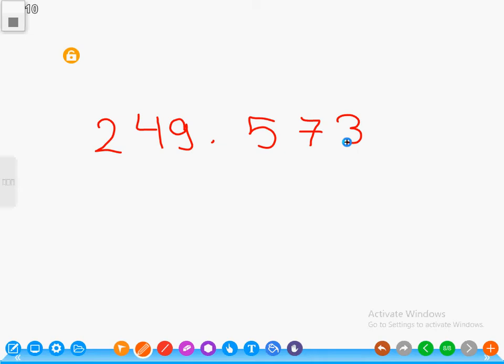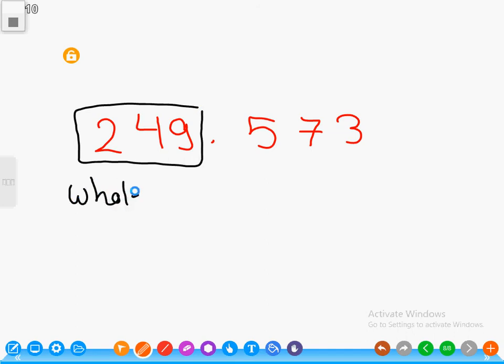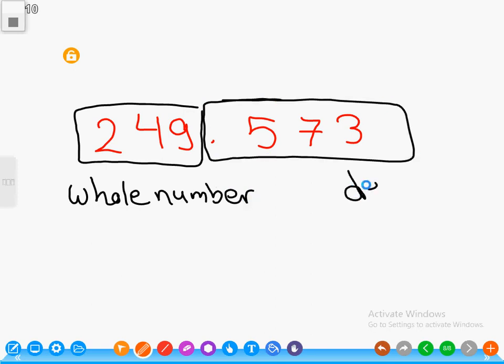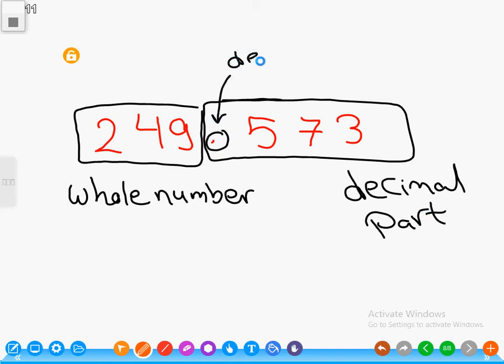A decimal number is formed from a whole number and a decimal part. The decimal point, we call this the decimal point. So now I have a decimal number formed from a decimal part and a whole number.